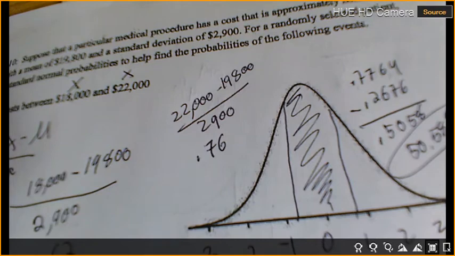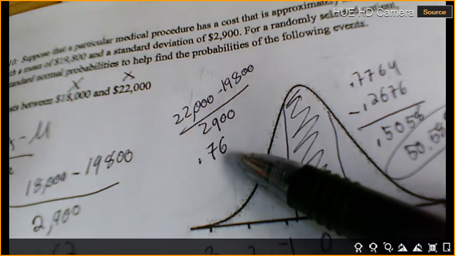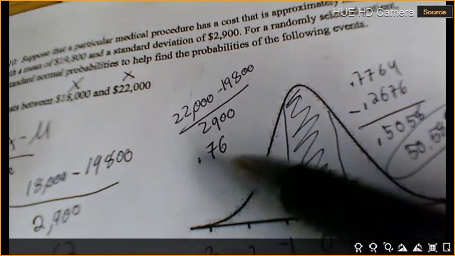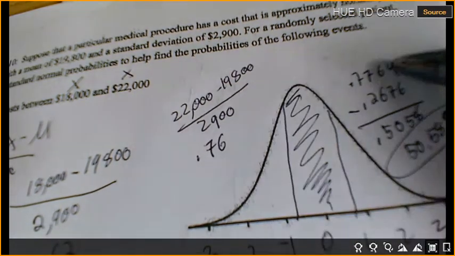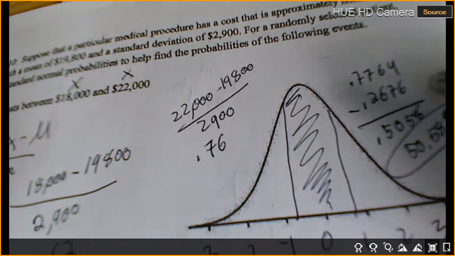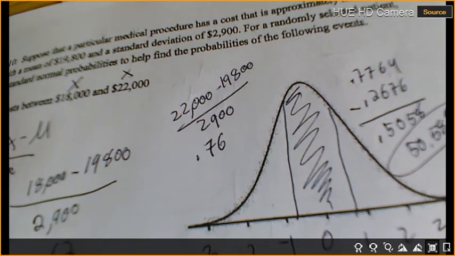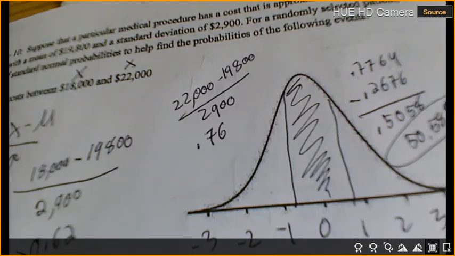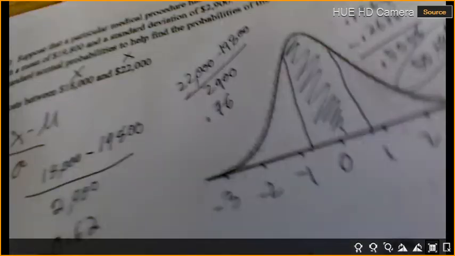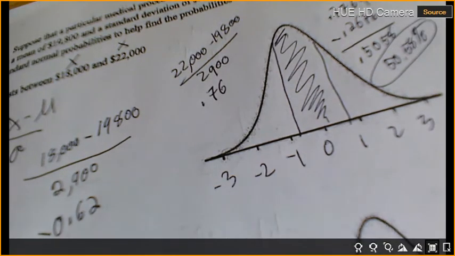So you got what, honey? I got the 62 and the 76. Then you're just looking these up on the chart. But isn't there supposed to be one on the top and one on the side? Yeah. Here, I'll try to show you. Do I have a blown up version up here? Here we go.